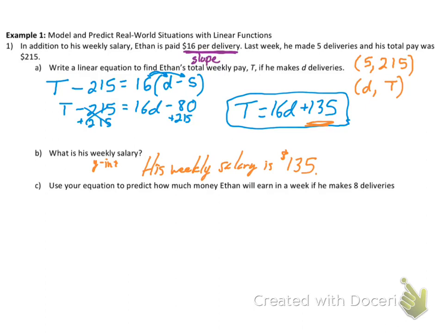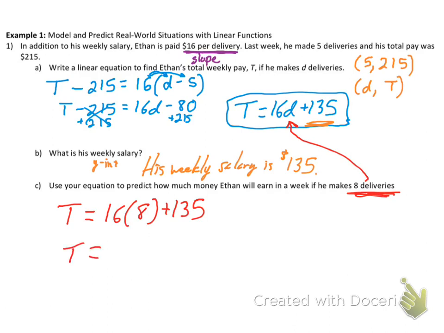So if I use this equation now, I'm going to use it to predict how much money Ethan will earn in a week if he makes 8 deliveries. So 8 deliveries, I am going to plug in for D. So his total amount that he earns is going to equal 16 times 8 plus 135. So if I take 16 times 8, I add 135, T is going to equal 263.